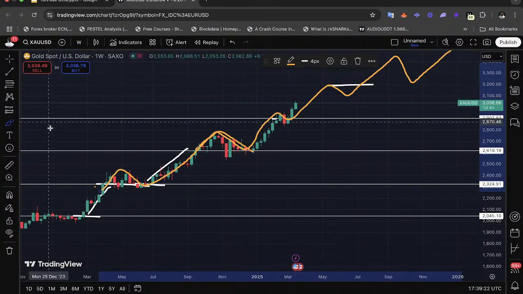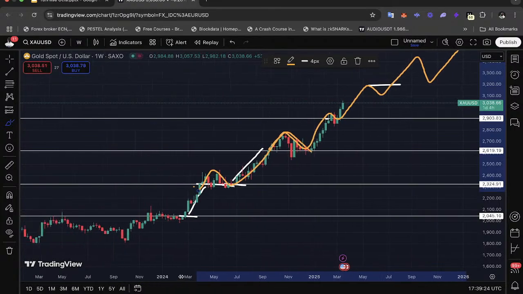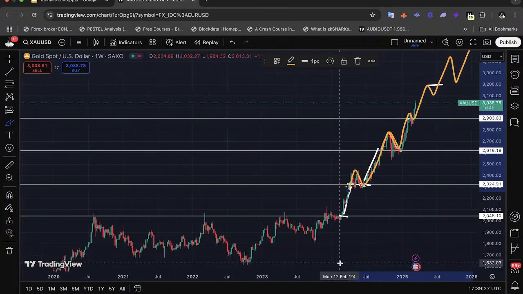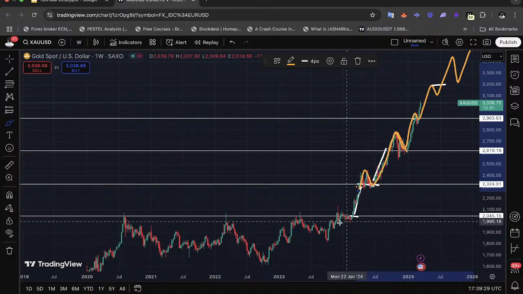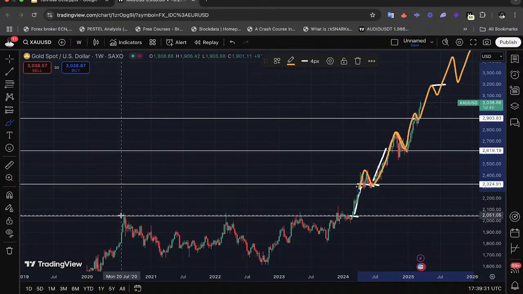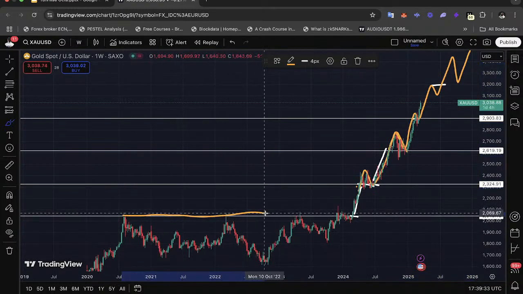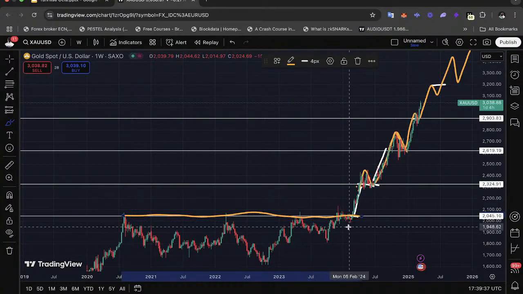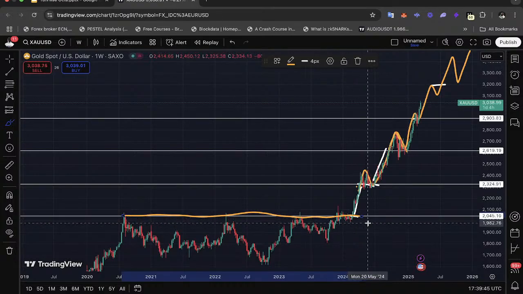So when you look at how gold has been moving after its breakout from this long period of consolidation, of resistance, it broke out in 2024. Broke out in 2024 and never looked back.